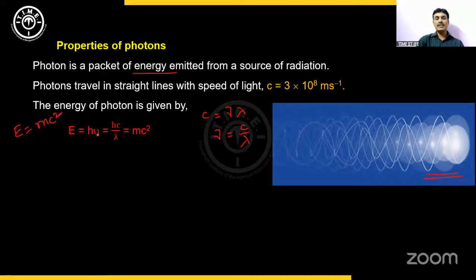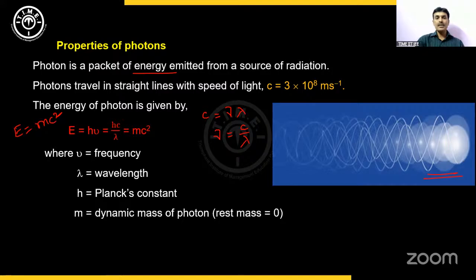So E is h nu equal to hc by lambda, or that can be taken as mc square, where m is the mass of the photon, the dynamic mass of the photon. The rest mass of the photon would become 0. Here nu is the frequency of radiation, lambda is the wavelength of radiation, h is Planck's constant, and m is the dynamic mass of a photon, whereas its rest mass is always 0.